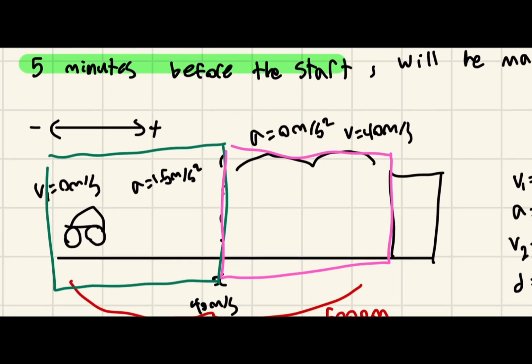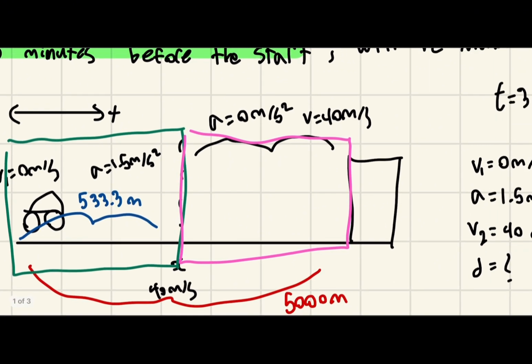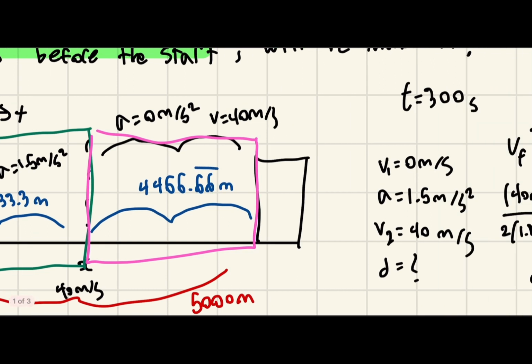So what do we now know? We now understand that this car is going to travel 533.3 meters in this distance. So that means the distance remaining to the concert is going to be 5,000 minus 533.3, which is approximately 4,466 meters.